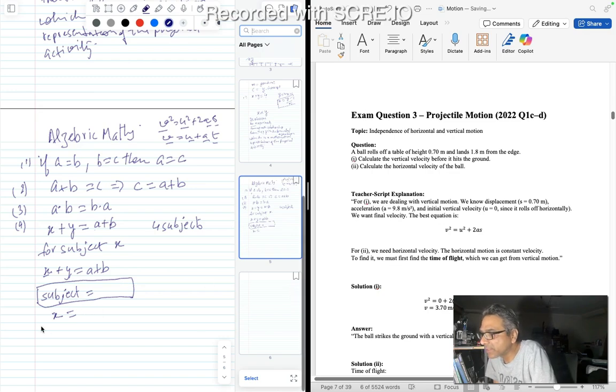Okay. Let's see. So to remove it, what can we do? The rule is, I'm also explaining the rule too.